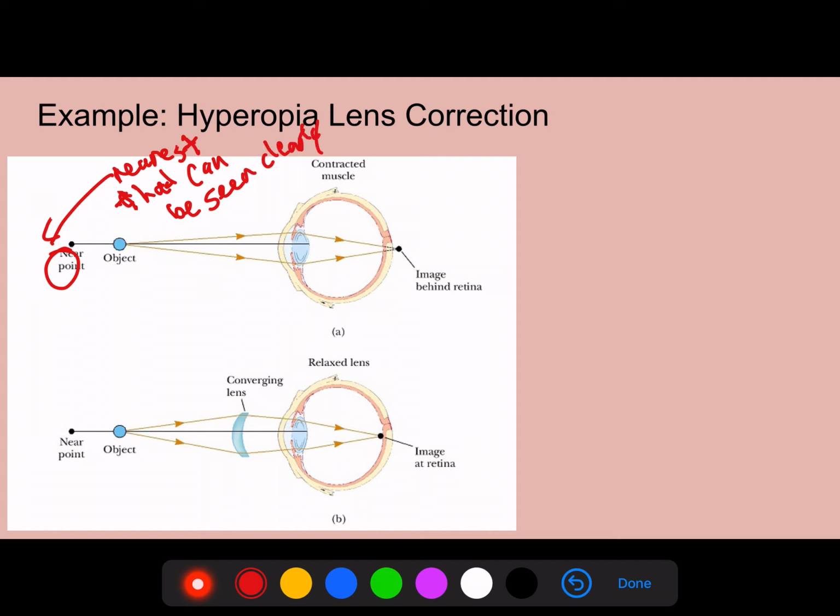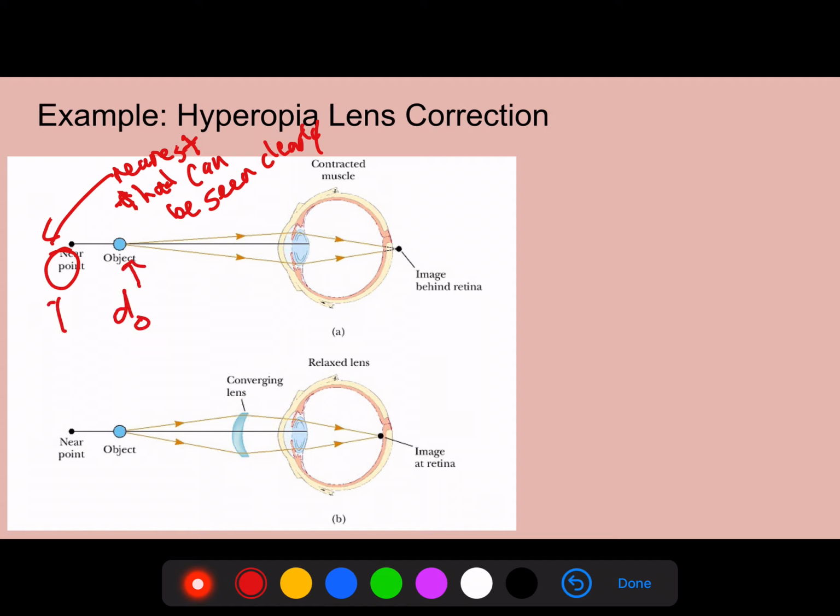Okay, and so we're going to treat that like our image distance. And we're going to try to make the object look like it's further away at that near point. Okay, the object is where it is, right? I can't change that. This is my DO.